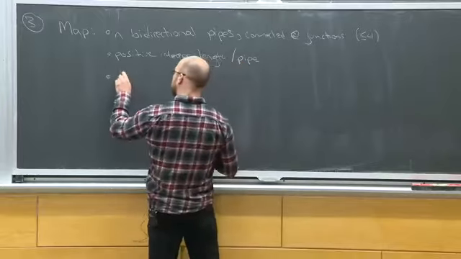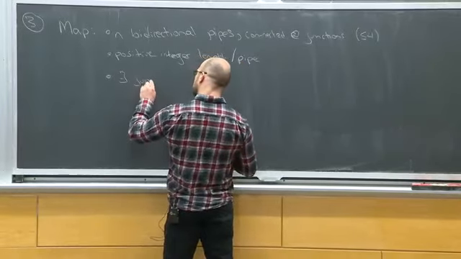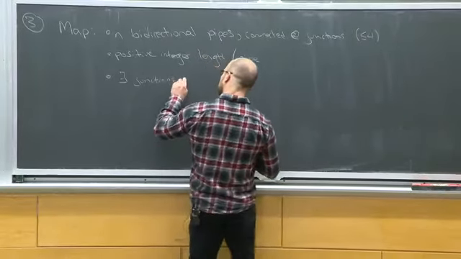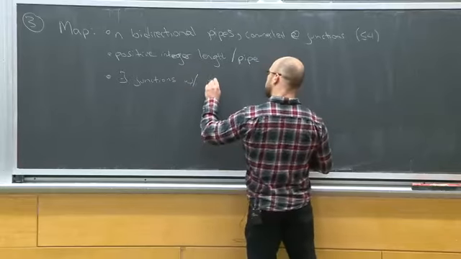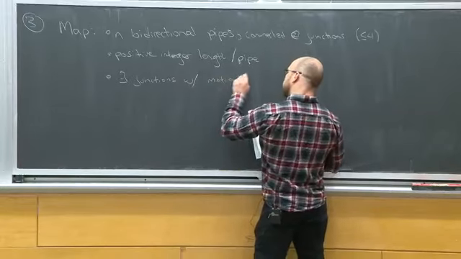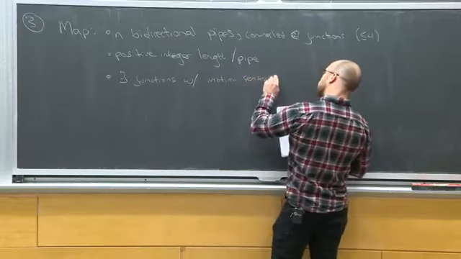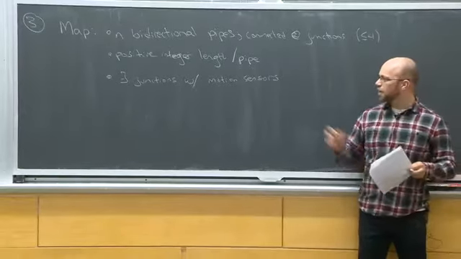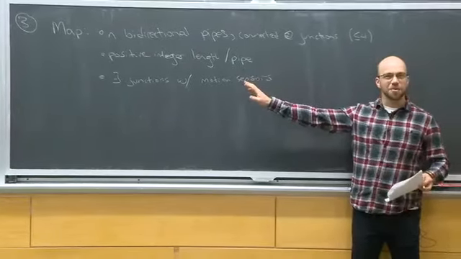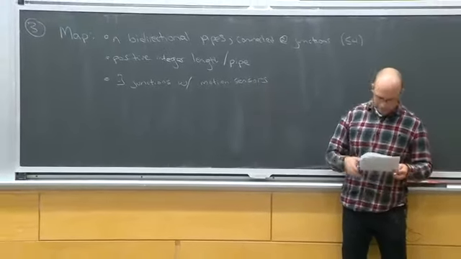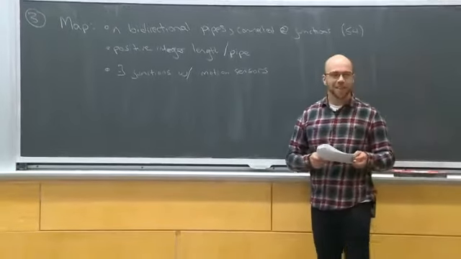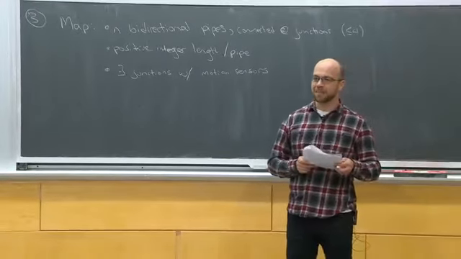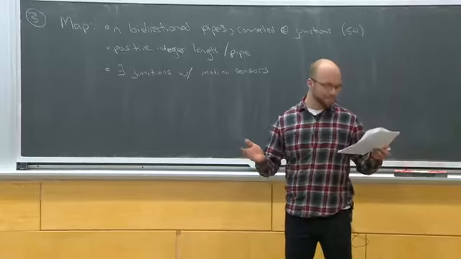In particular, there exist junctions with motion sensors. And apparently her intel is pretty good here, and she knows which of the junctions in her pipe network actually have motion sensors that can detect people moving around.